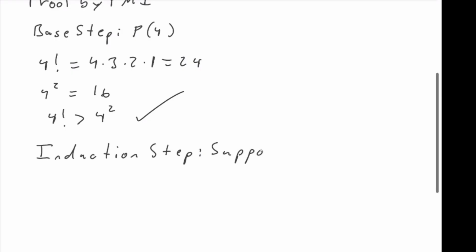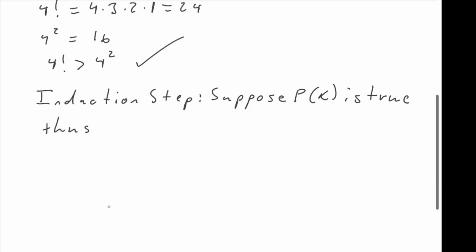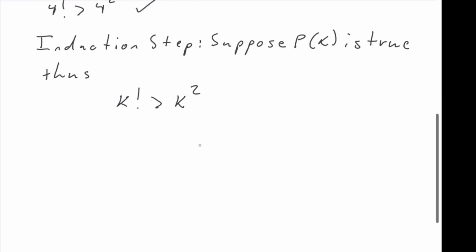Suppose P of k is true. Thus, we have k factorial, right? k factorial is bigger than k squared. So now we're going to consider k plus 1 factorial.